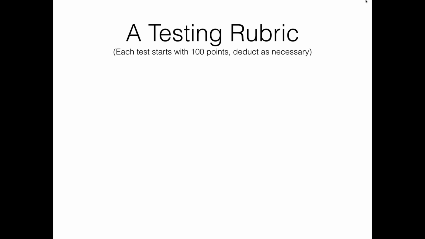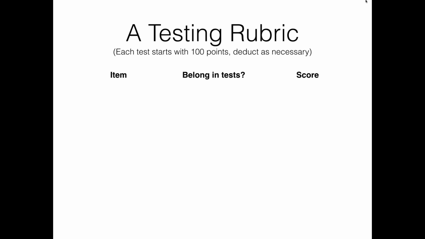By the end of it, each item that you're grading, so in this case, if you take a single test and grade it using this rubric, you should end up with a grade. And then you can convert this numerical grade into a letter grade if you so choose. So basically, every test that you want to review starts with 100 points, and then you would deduct points as necessary based on the criteria in this rubric.